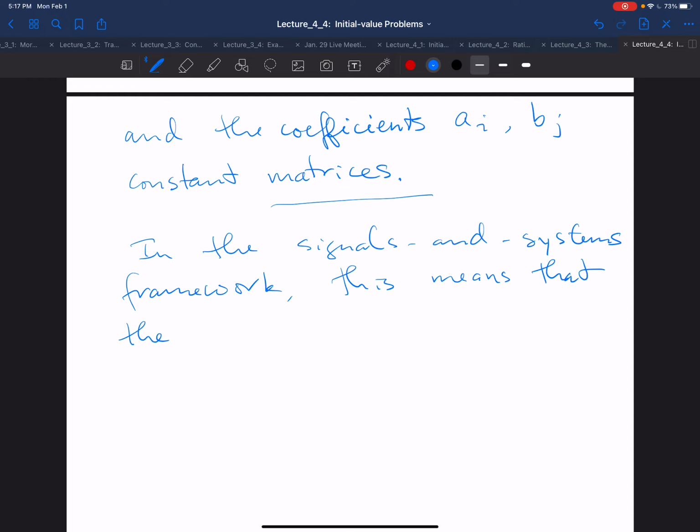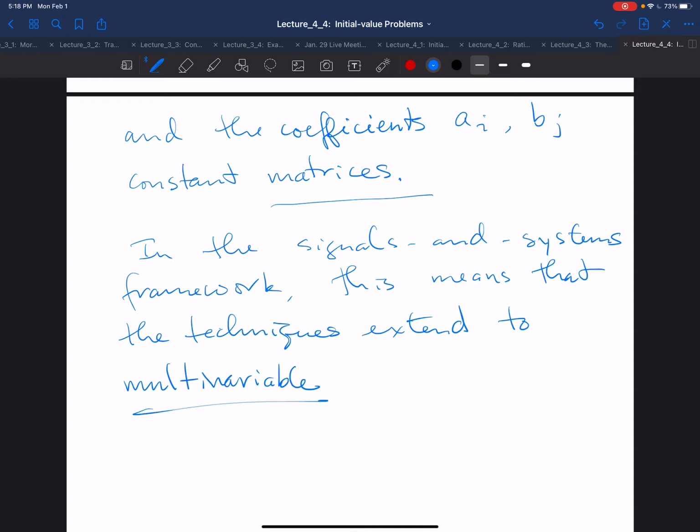But all of our techniques will extend to this so-called multivariable case. I think we'll leave it there for this week.